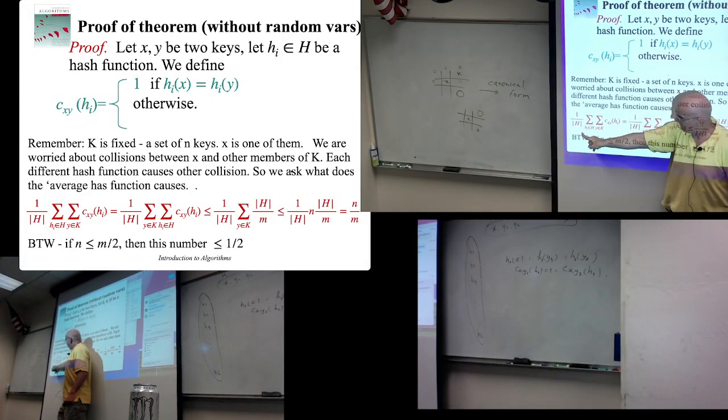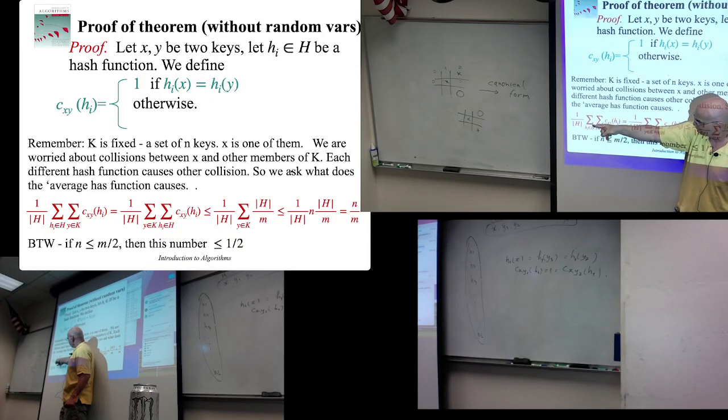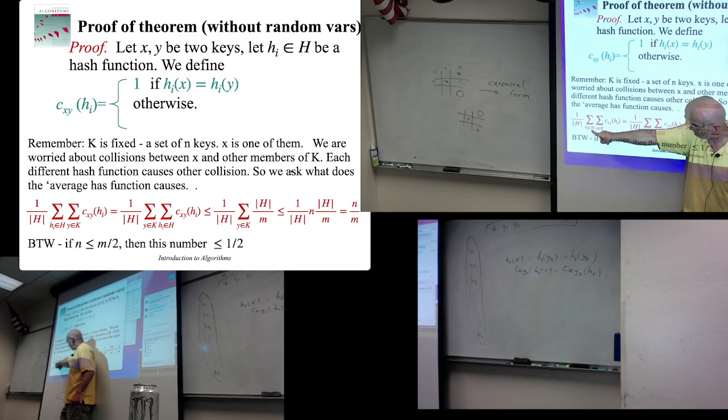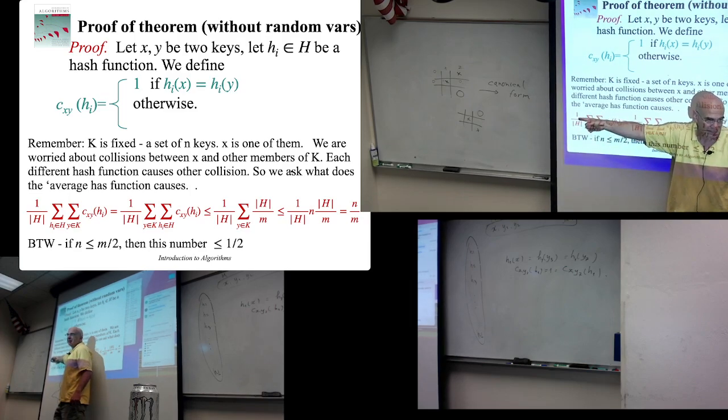And since I want the average behavior of the hash function for the family, I sum it up for all the members of the family. And of course, I take the average, divided by how many members I have in the family.